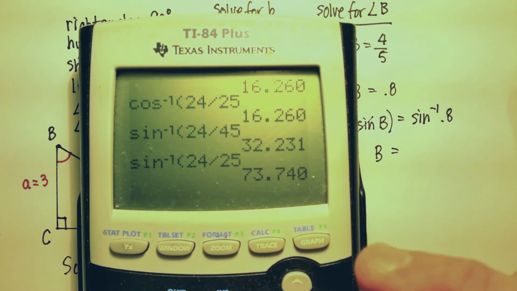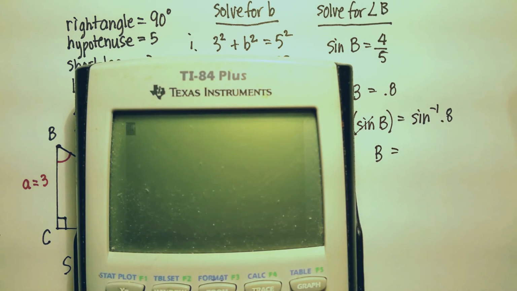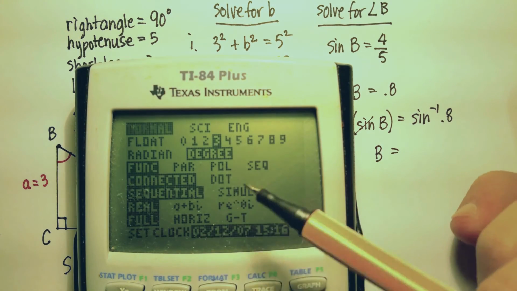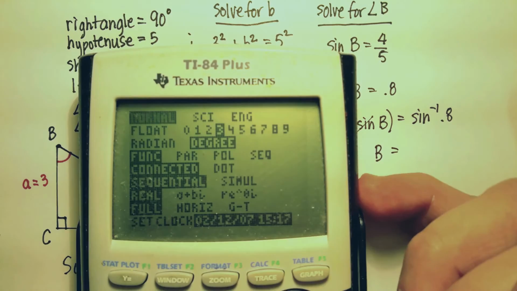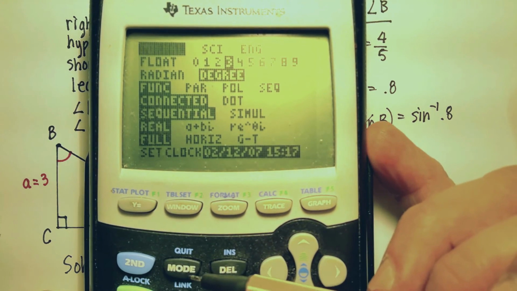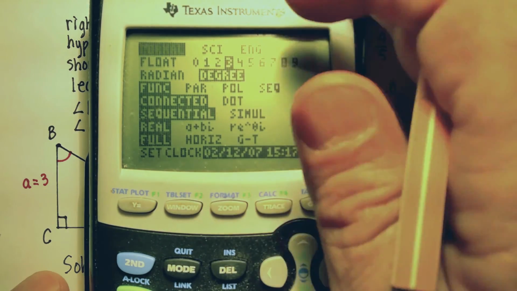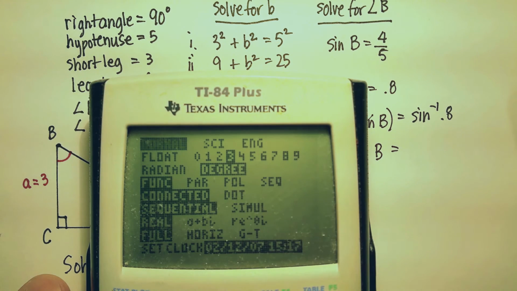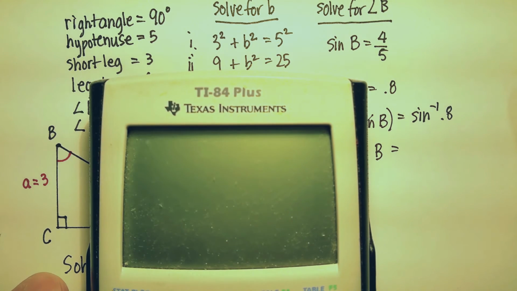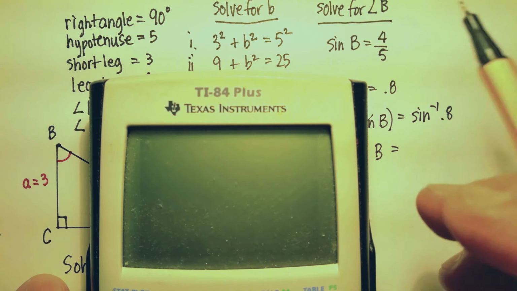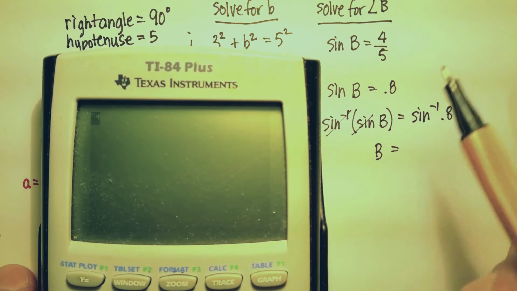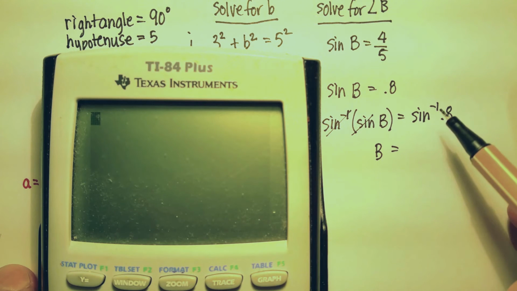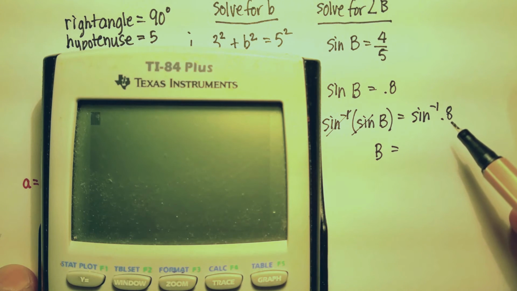Let's turn it on. Let me just clear this, and let me just make sure my mode is correct. Remember, always press the mode button, which is this little button right here, and then make sure that you are in degrees, okay? And we are, so let's go ahead and start working. What I want to do is find the inverse sine of 0.8.